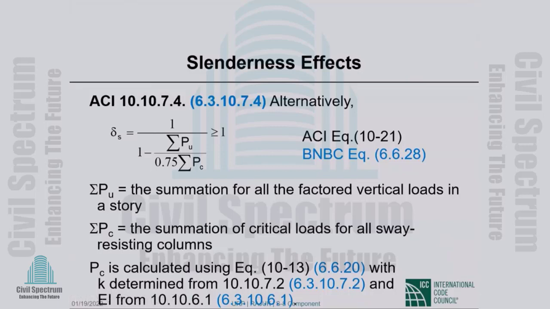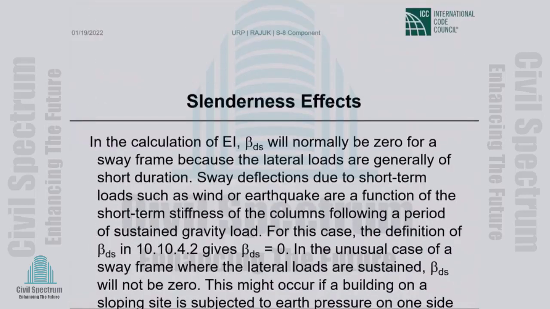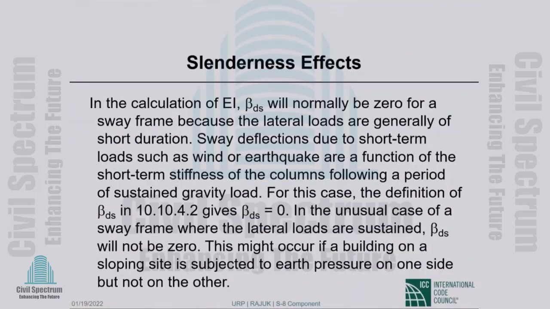P sub c, K, those things we have gone over. If the lateral load deflection involves a significant, no, this I don't want to go into. It brings in another complication that we don't need to consider.